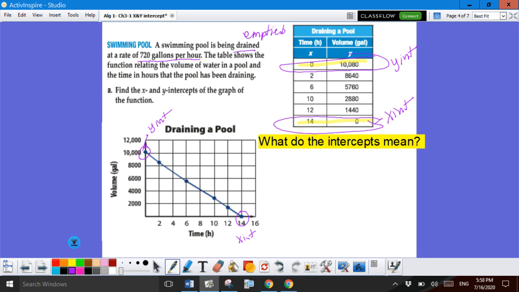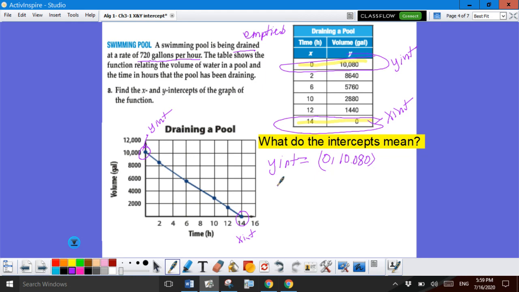Now I want you to think about what the y-intercept means. What does the 0, 10,080 mean? Remember, we're talking about a pool.